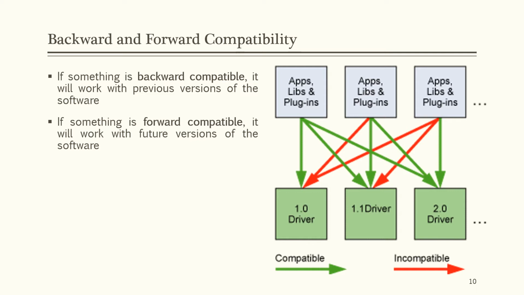Applications, libraries, and plugins on the rightmost side are only compatible with their current version, that is driver 2.0. They are not backward compatible, and future compatibility is also not considered for these applications, libraries, and plugins.